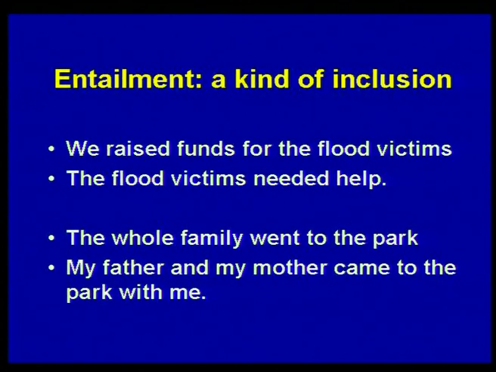Another sentence which deals with entailment. "We raised funds for the flood victims." Another sentence, "The flood victims needed help." Now, if the previous sentence talks about presupposition, here the first sentence entails the second. When we say we raised funds for the flood victims, we entail the concept that flood victims need help.